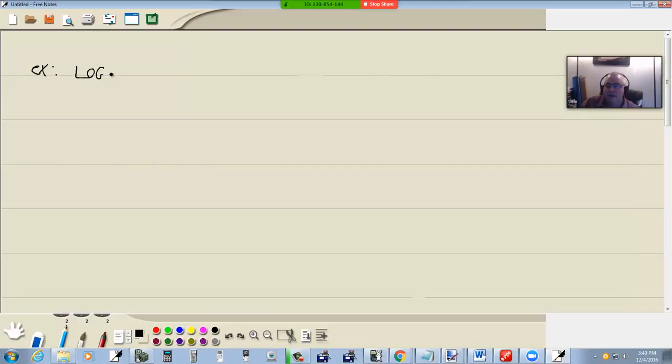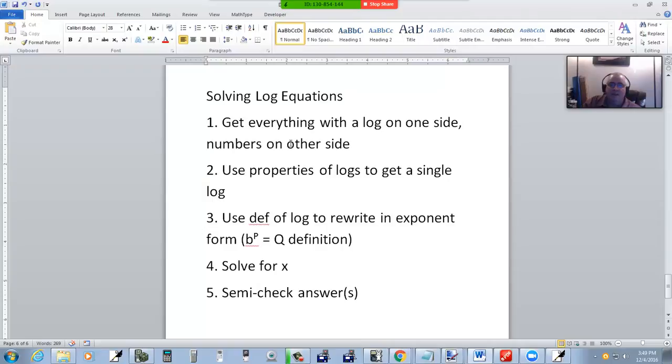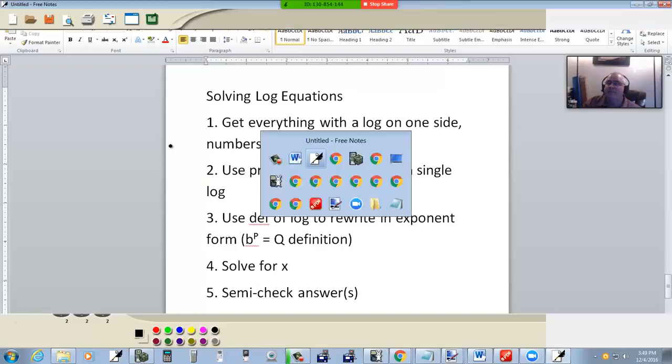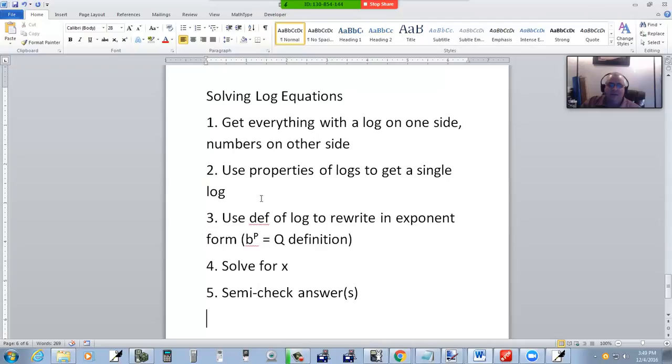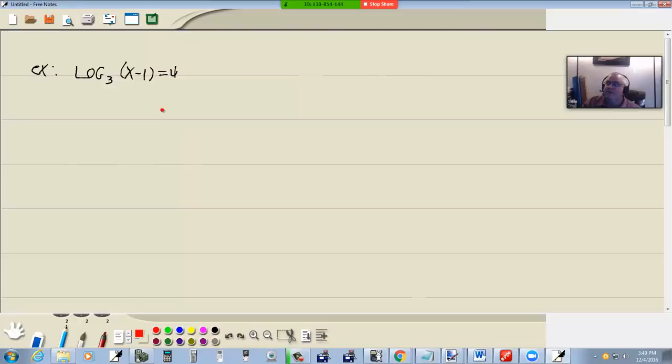So for example, I've got log base 3 of x minus 1 is equal to 4. Step 1, get everything with a log on one side, numbers on the other. Well, all of our log expressions are over here and our constant terms over here, so that's done. Step 2, use properties of logs to get a single log. Well, we've got a single log, so that's done.